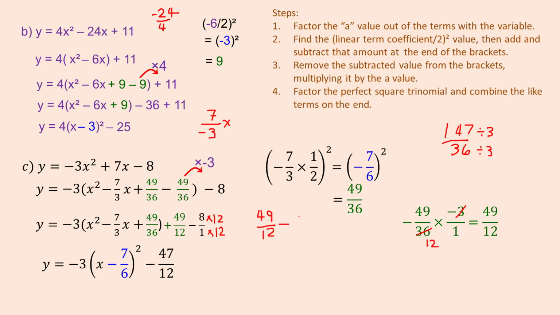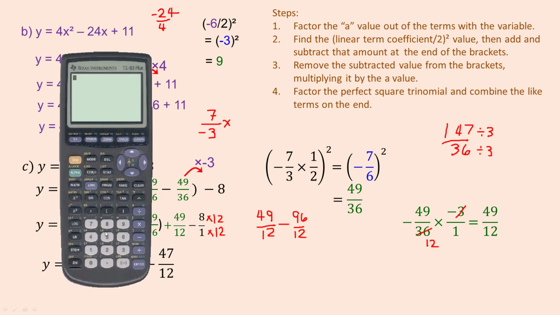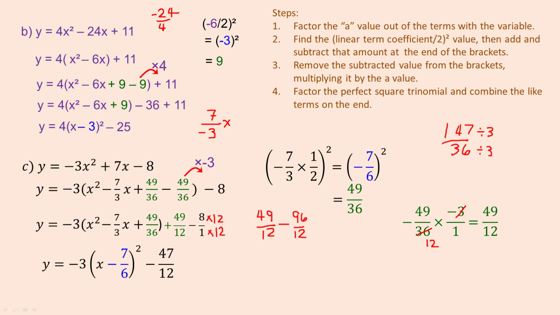And 8 times 12 is 96, so minus 96 over 12. And 49 subtract 96 is negative 47, so that's minus 47 over 12.